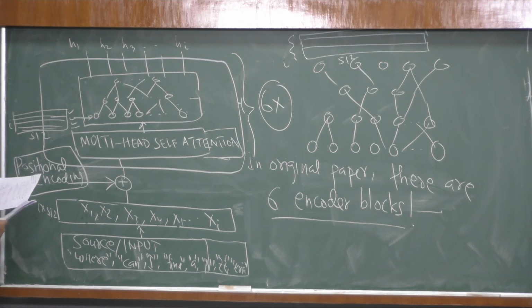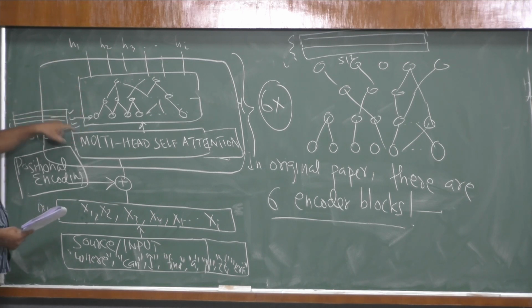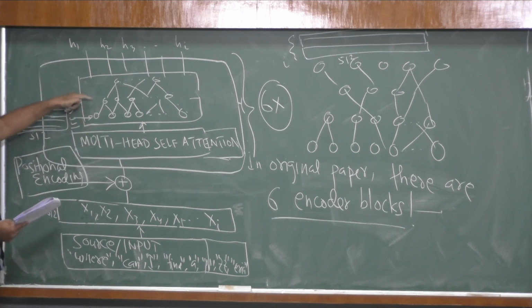To look into those issues, the next set of ideas will be employed. We will have 6 of these encoder blocks, but within this there will be some modifications proposed in the paper, because while we go through these multiple layers of hierarchy via the neural network, we will lose certain information along the way.